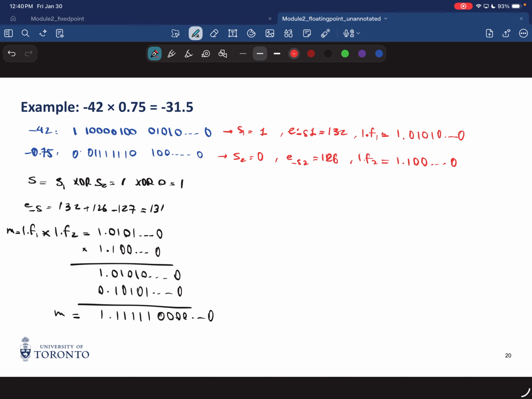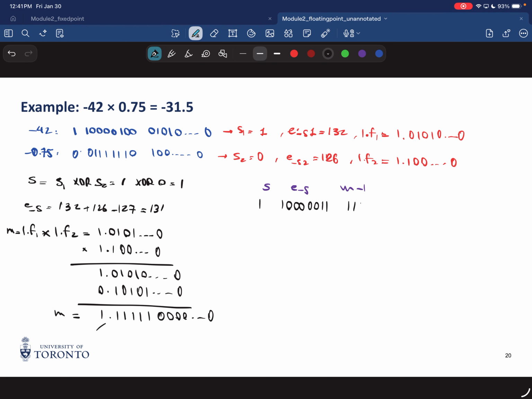Now, I want to do this. So I'm going to say S, E stored, and then the rest of it is M minus 1, basically. So it's going to be 1. 131 is 128 plus 3. And then the rest of this, I'm dropping the 1.